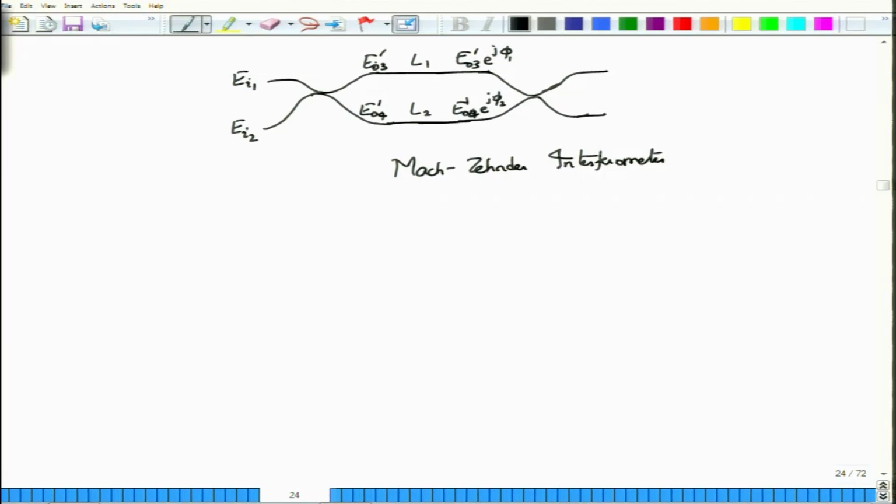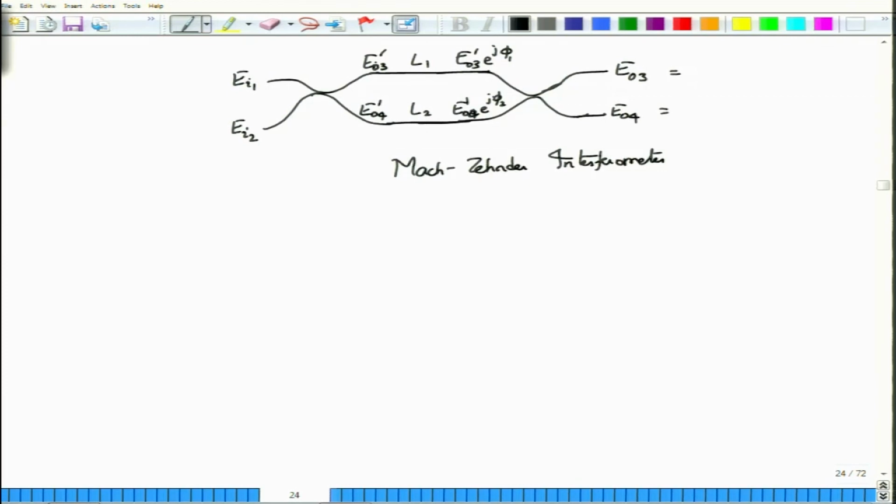Notice that there will also be an extra phase e power j phi that would go into one of these arms, because it is a matrix global phase that you have, and then finally you can show that when you combine them, what you get will be EO3 and EO4, and we will look at the expression for EO3 and EO4 later on.